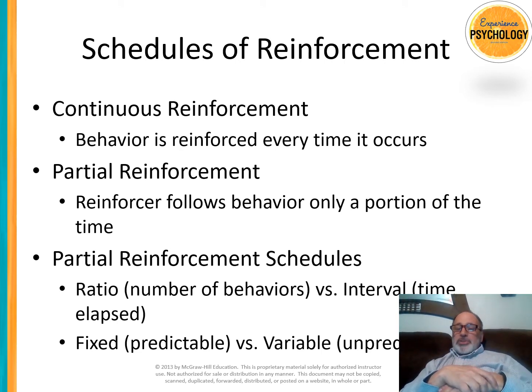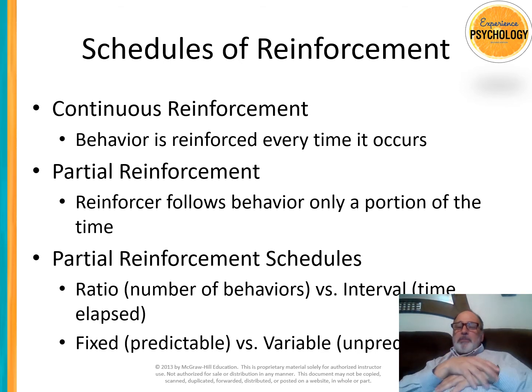Interval schedules happen if an individual did this in this particular time period. So I own a car dealership. I could set up bonuses. One would be that every 3 cars that you sell, you get a bonus of $1,000. That would be a ratio.